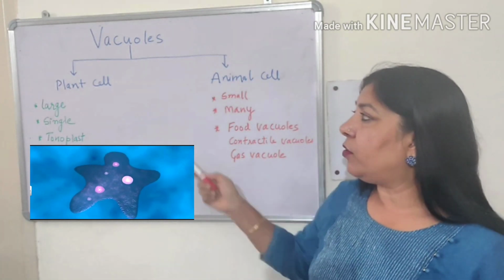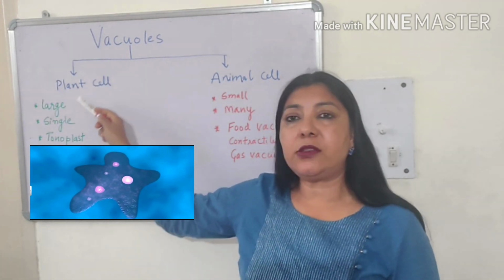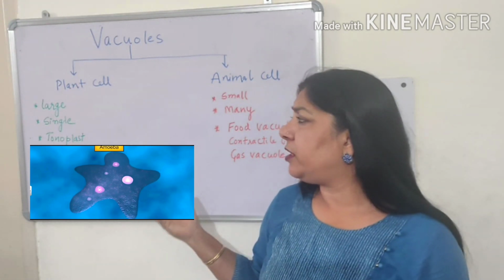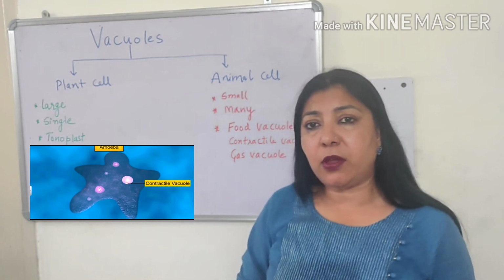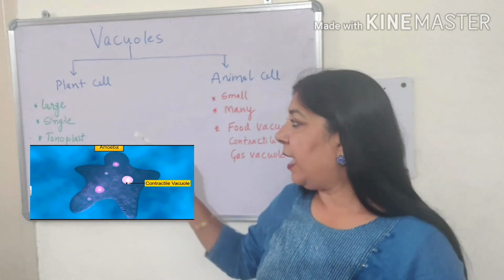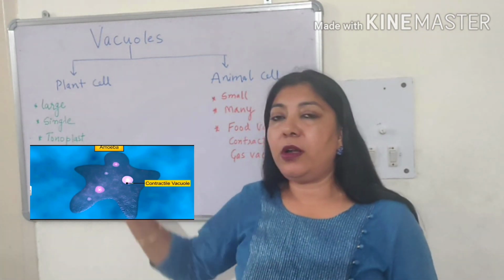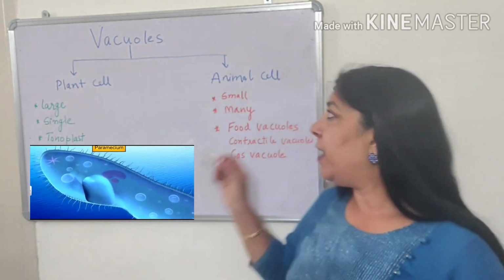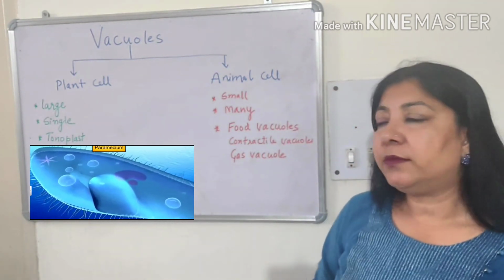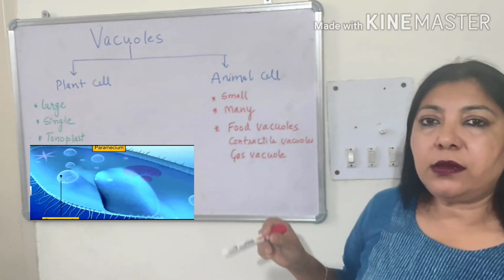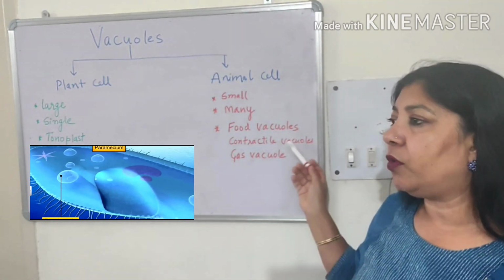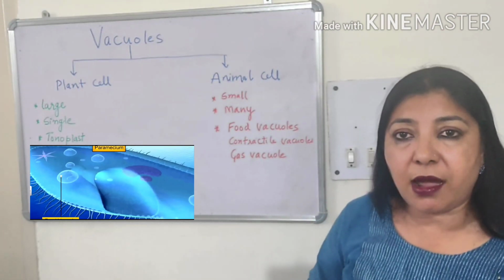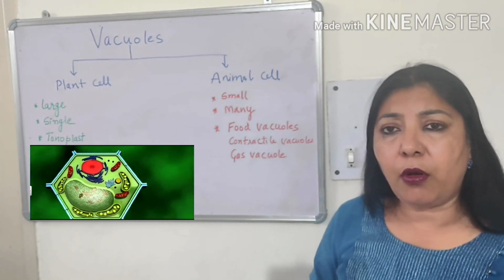Okay, so these vacuoles are very large in case of plant cell. It may be generally single and occupies almost 90% space of the plant cell. And the membrane is called tonoplast. Whereas in case of animal cells, they are generally small, many in number, and they may perform many functions. They may store many food substances like starch, proteins or oil.